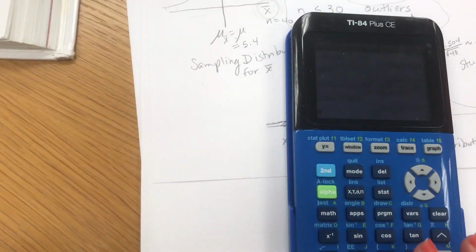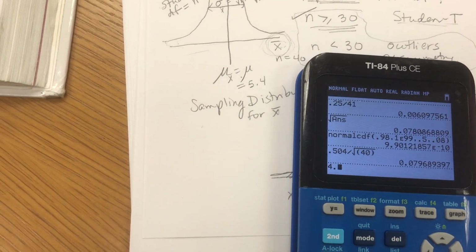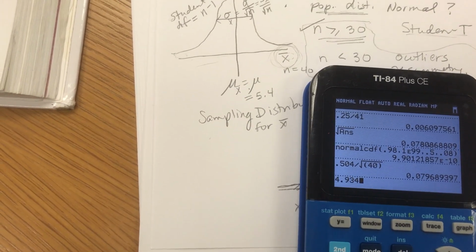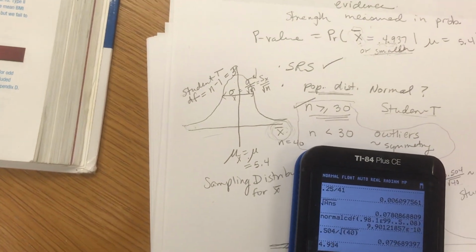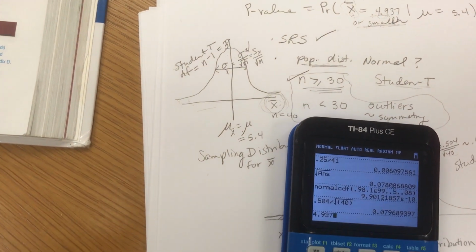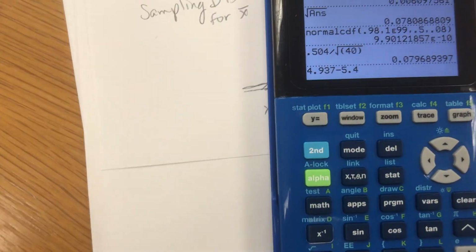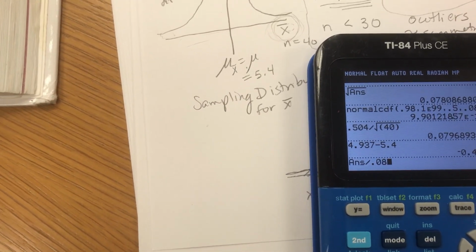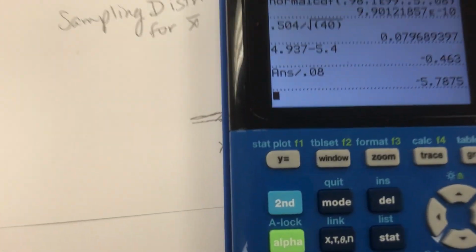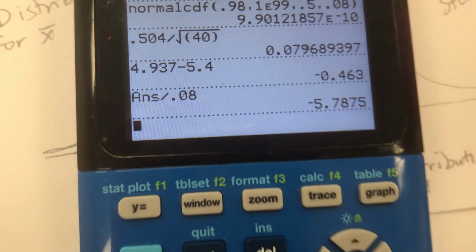So the t-score is 4.937 minus 5.4. That's the numerator. I didn't put parentheses, so I'll just go ahead and calculate that. Divided by 0.08. The t-score is negative 5.79.